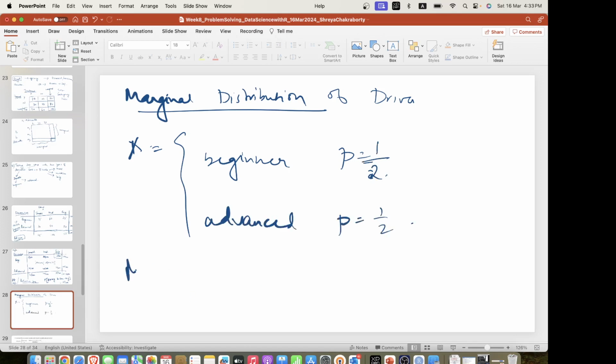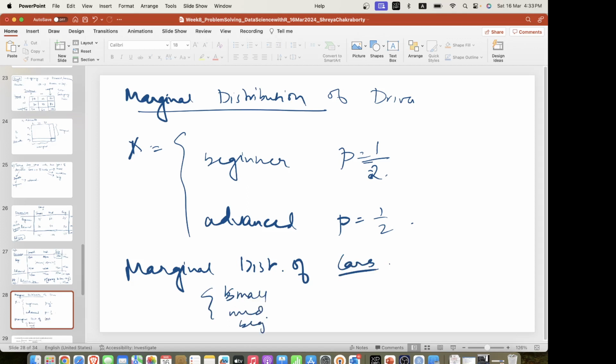Okay. Now if I want the marginal distribution of, let's say, cars, then I would have small, medium and big.